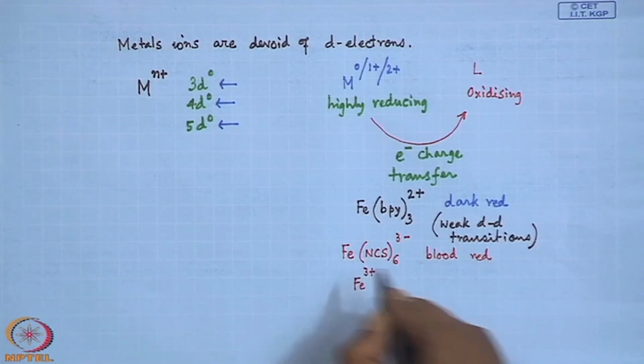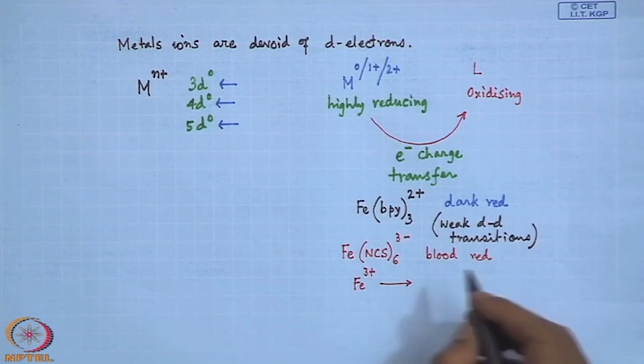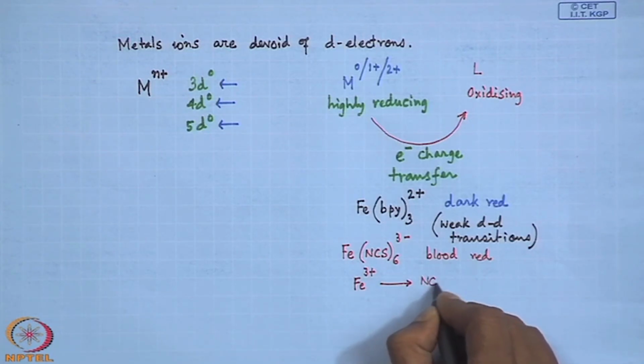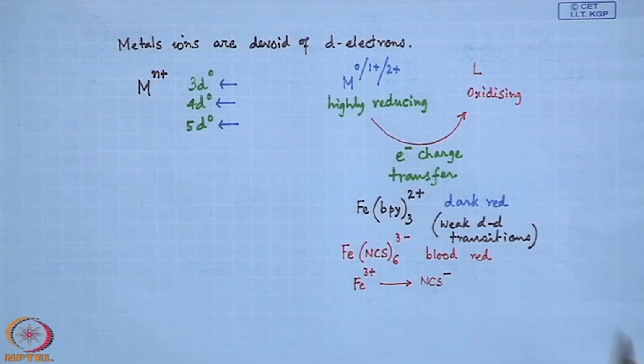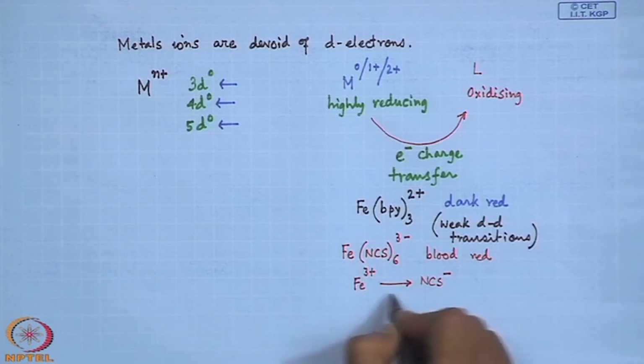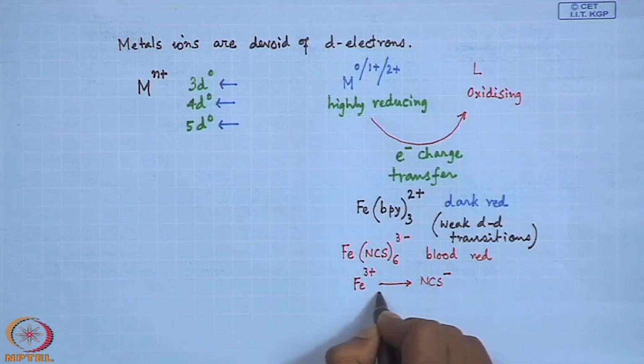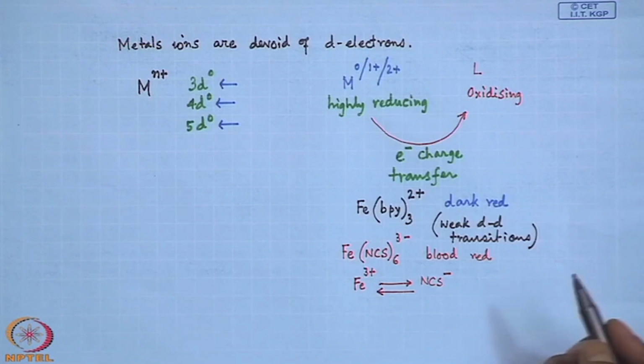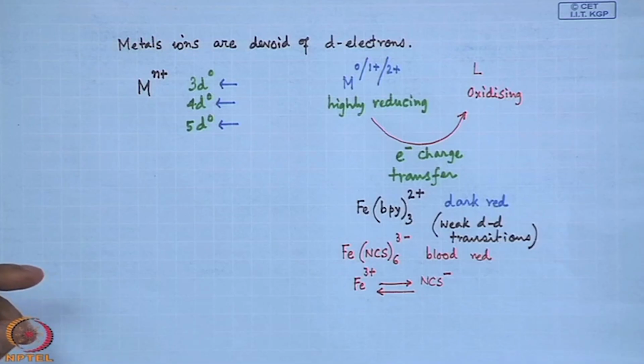Though this is not in the usual low oxidation state, iron is present as iron 3 plus and NCS is there. So, in this particular case we can have the corresponding charge density from this particular direction or in this particular direction. So, we will find out in which direction the corresponding charge transfer can take place.